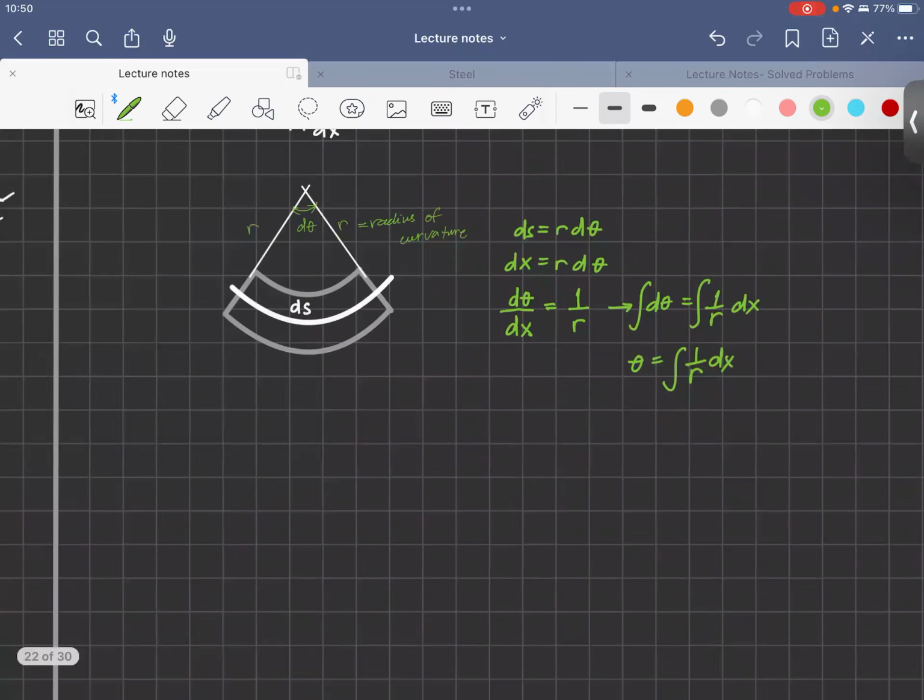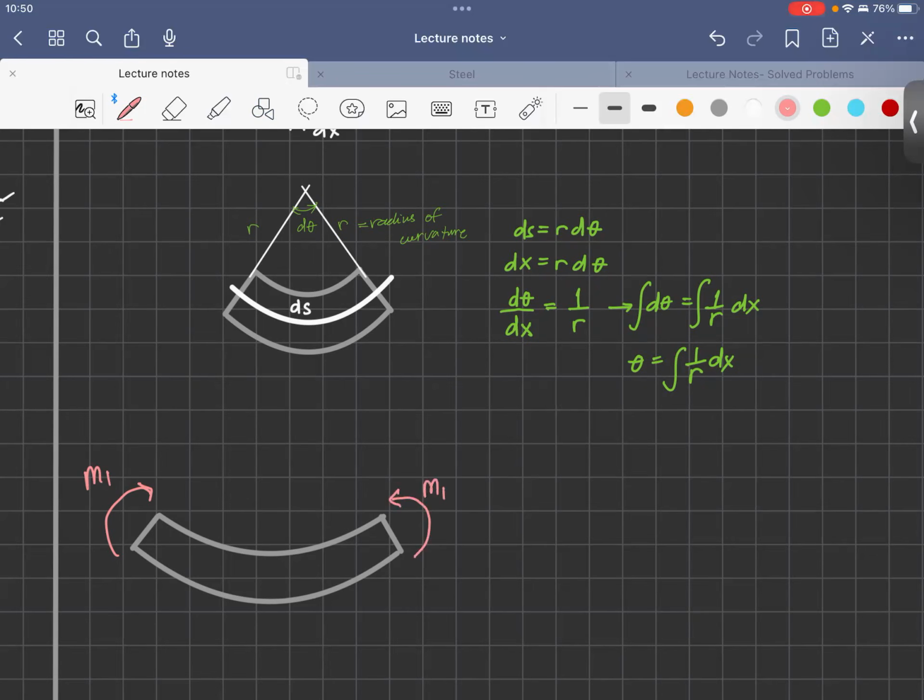What do I mean? Let's draw two beams that deflect. Say this is subjected to moment 1, and this is its deflection y. Then I'm going to draw another beam with a bigger moment. Of course, the bigger the moment, the bigger the bend is.